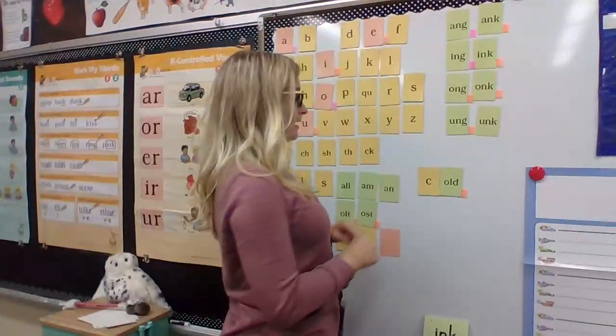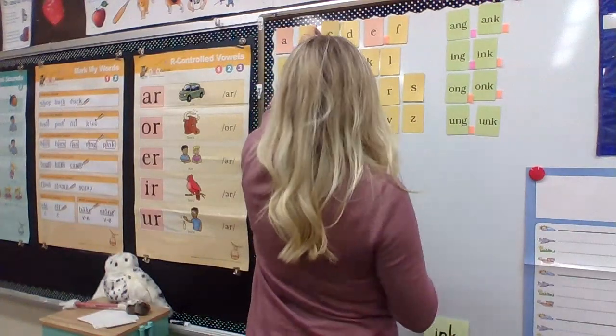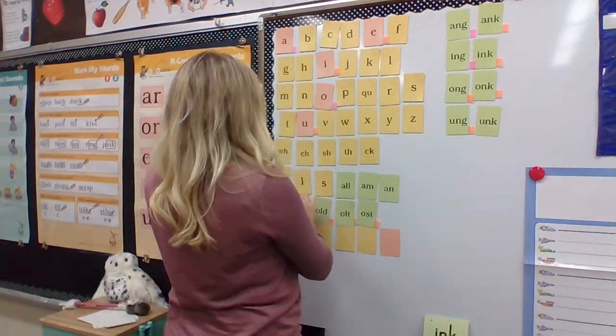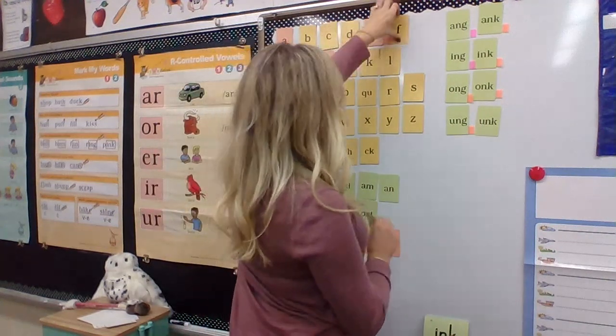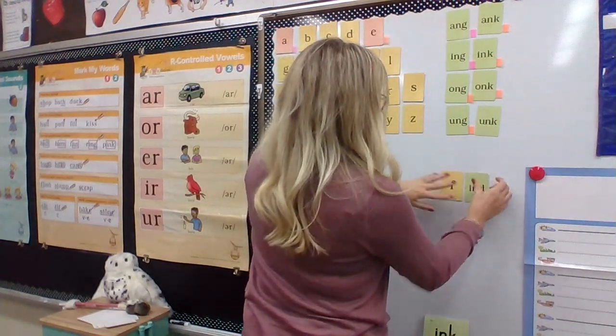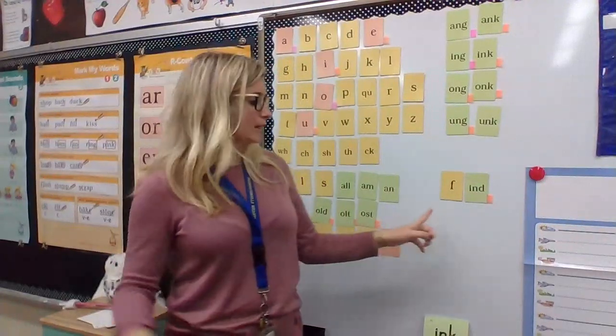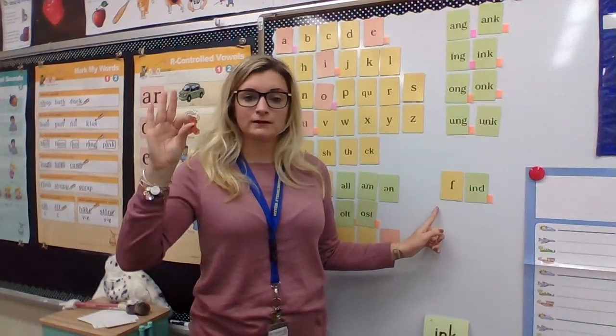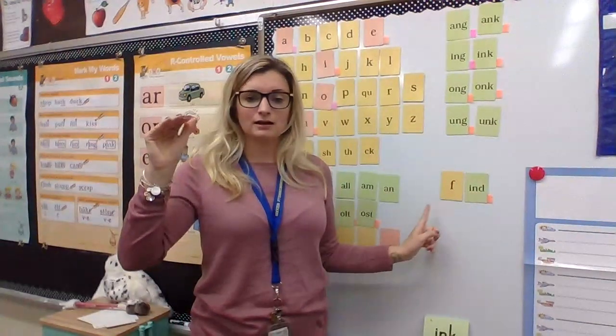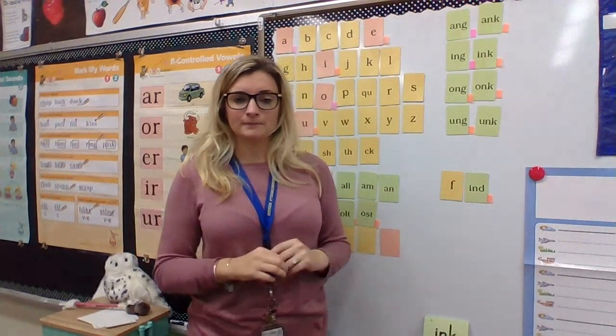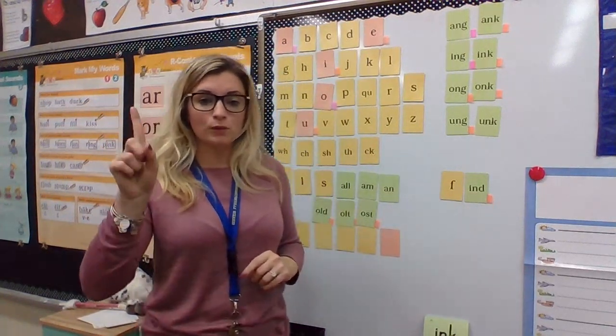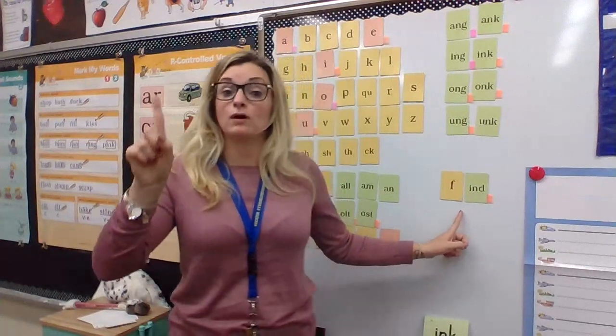All right, let me give you another example. All right, here we go. Let's tap it out. Find, find. Let's look at our 3 rules. Rule number 1, does it have one vowel?